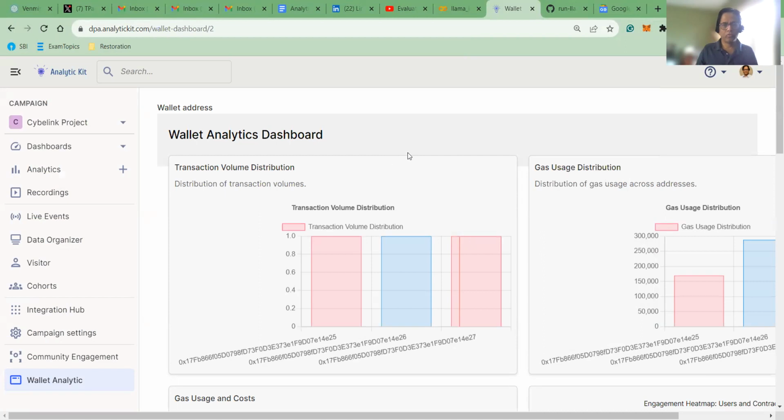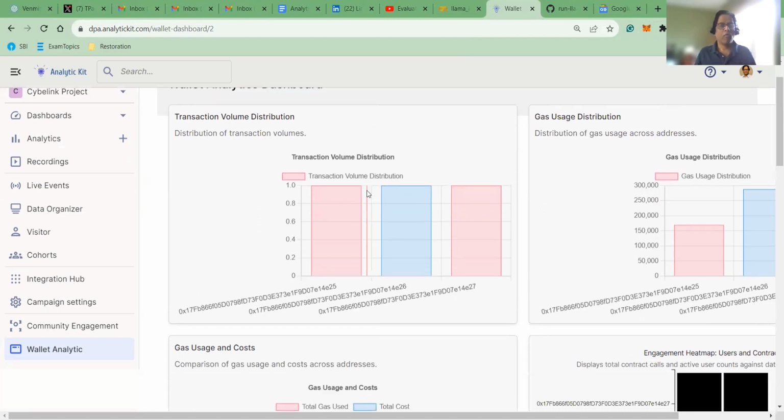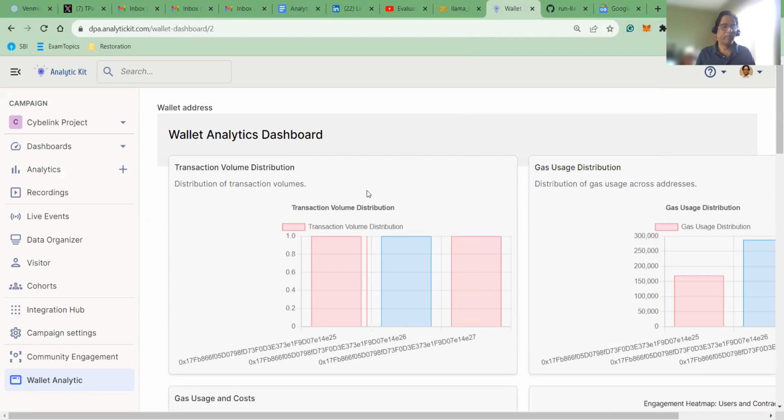So let's go through these different graphs that you can use to gain insight on your customer, what they own, and what exactly they performed on the blockchain. The first graph it shows is the transaction volume distribution. Say, for example, you have a couple of wallet addresses stored from your customers, then you can see the transaction volume for each of the public wallet addresses.